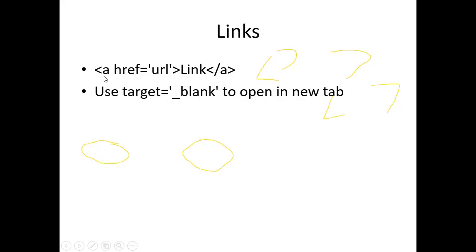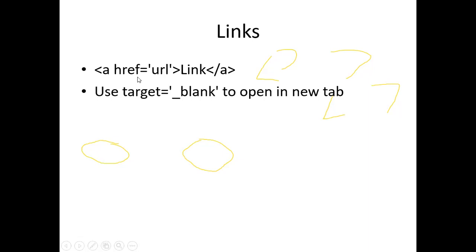Next we have the anchor tag. What is this anchor tag? The anchor tag is used to link, or to provide a link on a web page. One of the attributes for the anchor tag is href. What is this href?